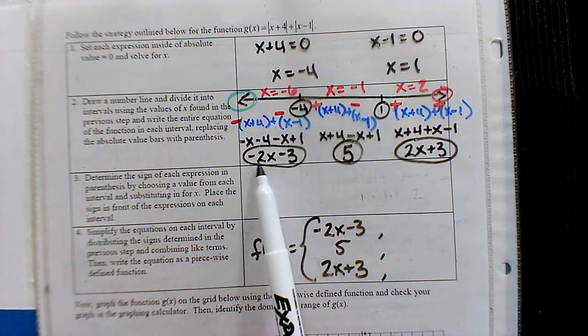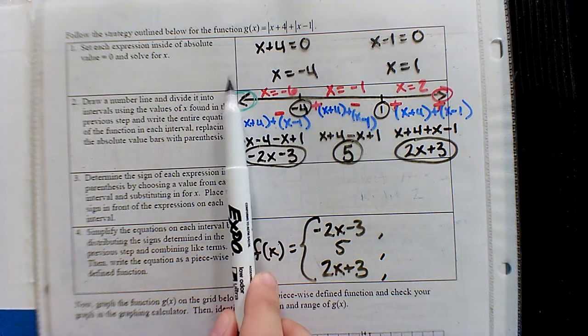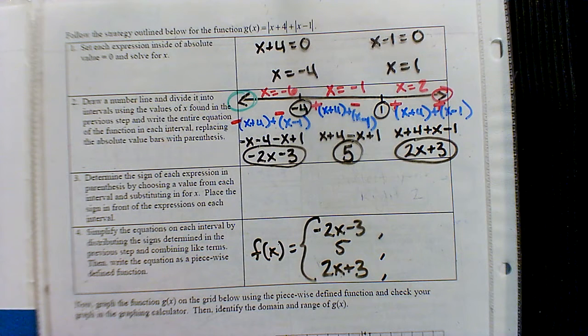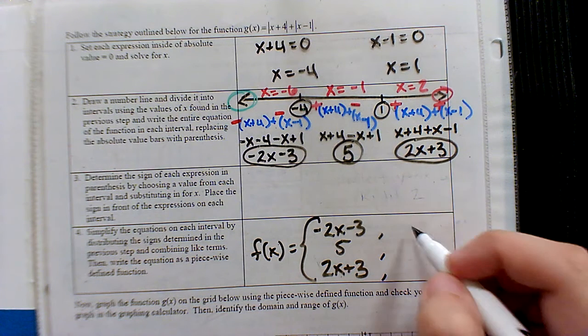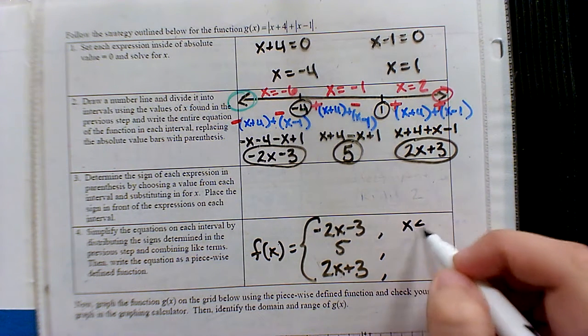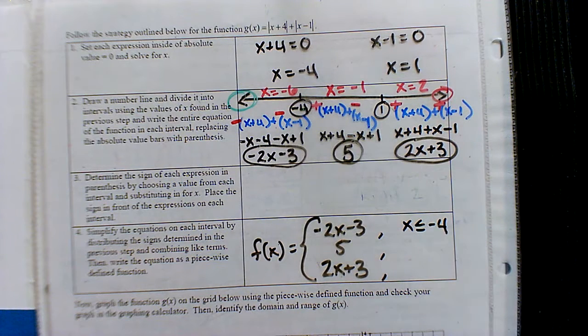So our first equation, negative 2x minus 3, showed up from negative infinity to negative 4. Can we represent that in our domain section? You can pick anything you want less than negative 4. So x is less than or equal to negative 4.